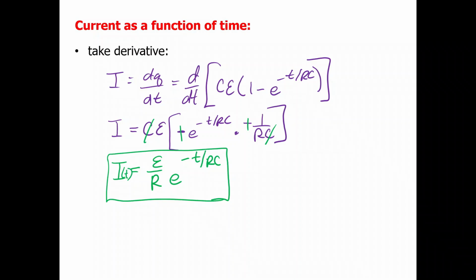So what would this graph look like? Well, this is an e to the minus x function, so that's just going to do this, and it is going to have an asymptote of 0.